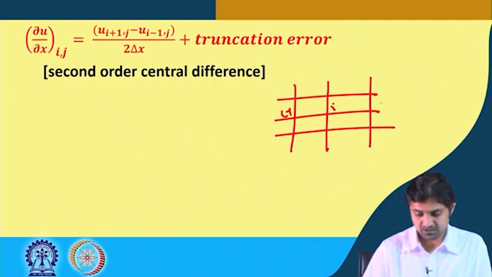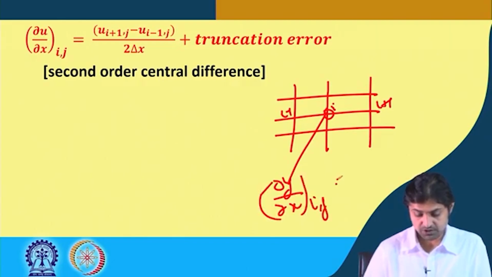So we are actually calculating del y by del x at point I comma j.